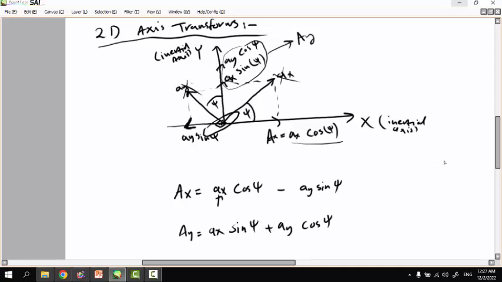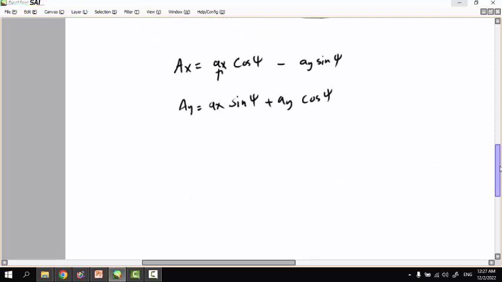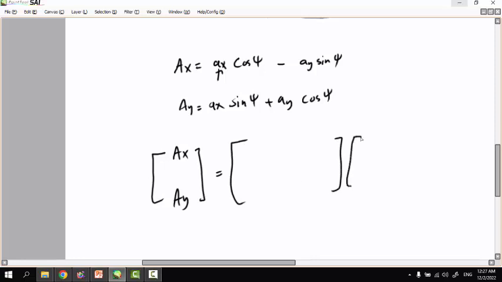We can write it again in the form of matrices. So we have ax and ay. This vector will equal some matrix, which is called the transformation matrix, times ax and ay, which is the input. These two parameters are measured directly from the accelerometer, which is fixed in the body.